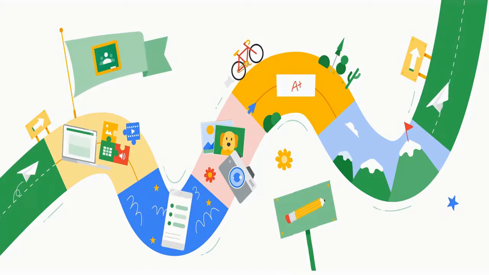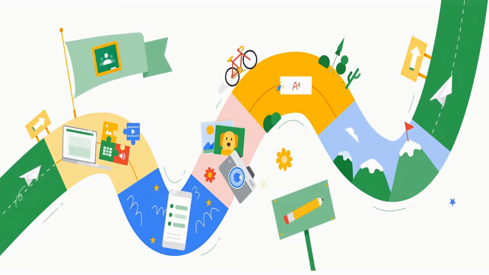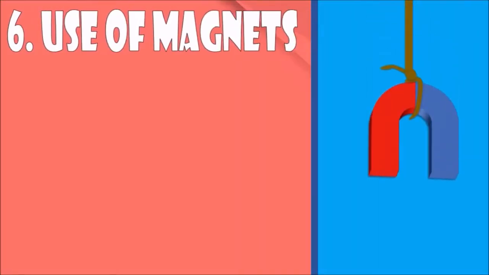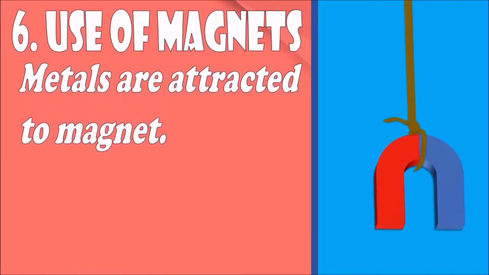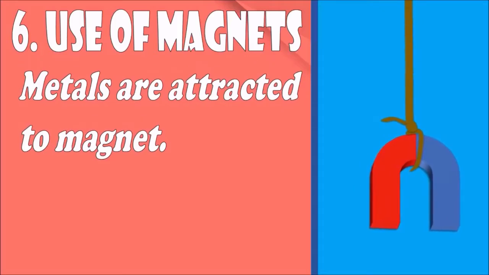This time, kids, let us watch this short video showing another technique in separating mixtures. Separating mixtures by the use of magnets. We know that metals are attracted to magnets, while non-metals are not.